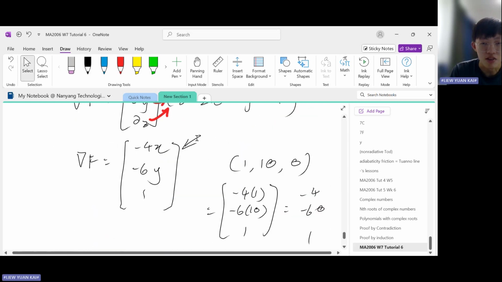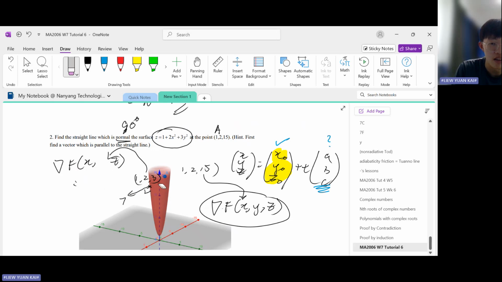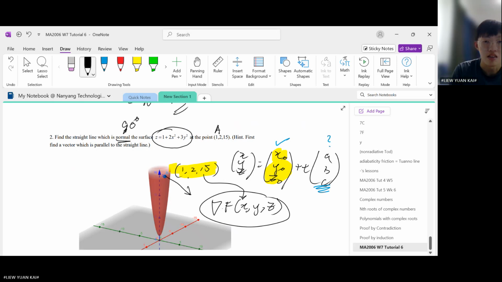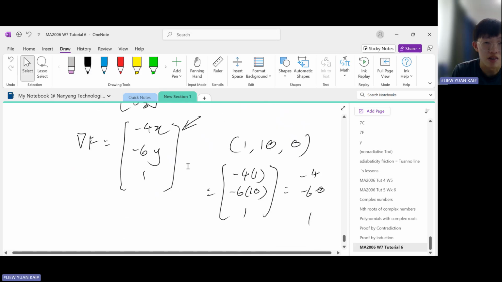This is useful because remember, we want to find the normal vector at the point (1, 2, 15). So we take our function here and plug in (1, 2, 15).